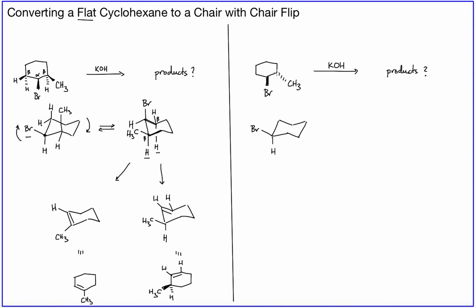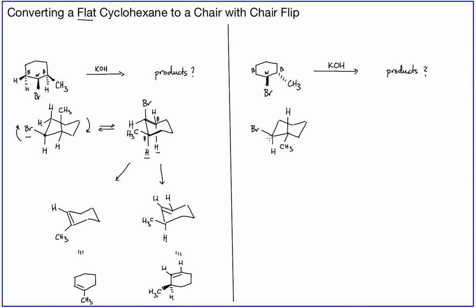Our beta carbon here has the methyl group trans to the bromine. So on this carbon, if it's trans, it's going to go equatorial. And the hydrogen is going to go axial. So again, if we identify the leaving group carbon as alpha, carbons bonded to that are then beta carbons.